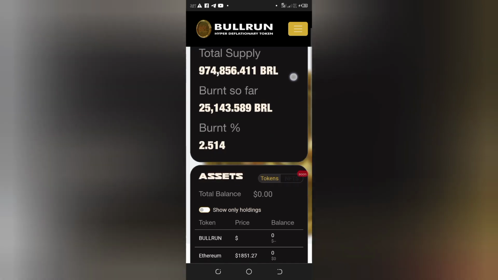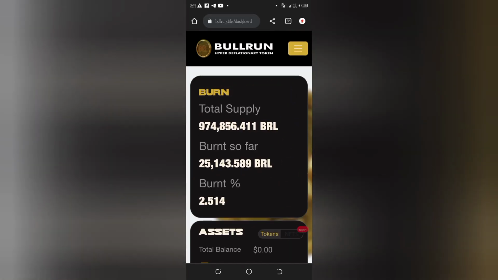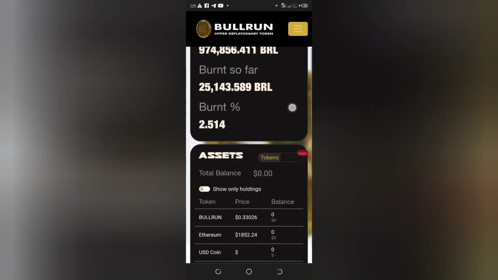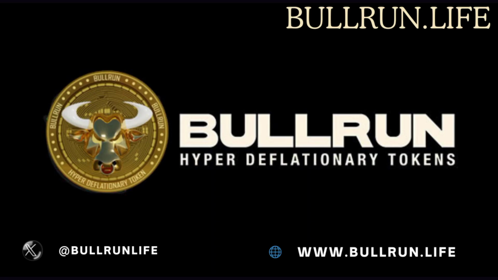And the tokens that had already been burnt by this time are 25,143.589 BRL tokens. And the percentage burnt is 2.514. So this just tells you that the true burn feature is very effective and it's working. So this is how BULLRUN token achieves its hyperdeflationary nature.